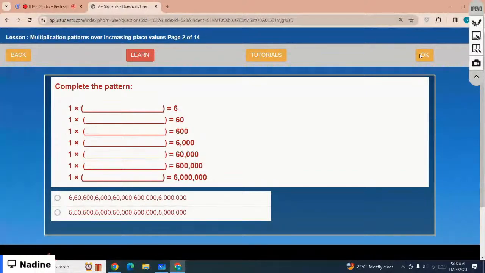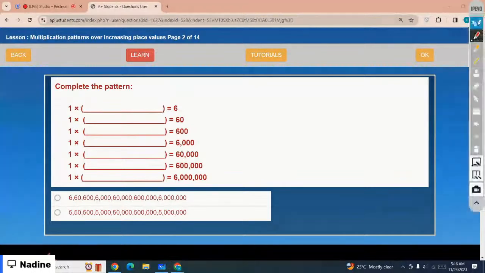Option number 1 is the correct option, right? Because 1 times 6 is 6, 1 times 60 is 60, 1 times 600 is 600. So option number 1 is the correct option.